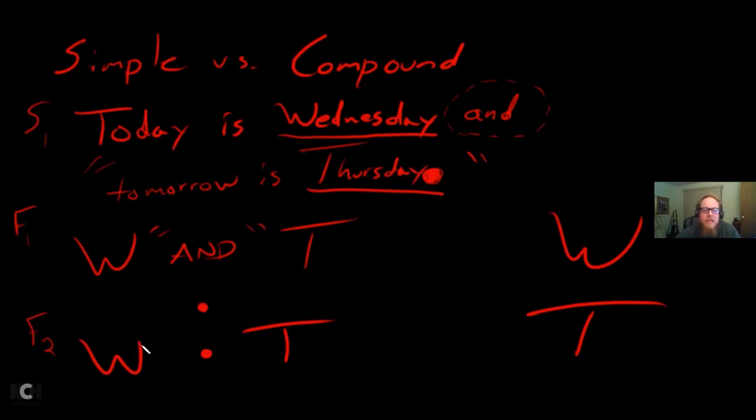So this says today is Wednesday and tomorrow is Thursday, with the variables that I've been given. Just W by itself would be a simple statement. If I had just T by itself, that's a simple statement.